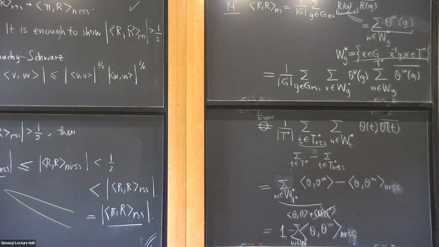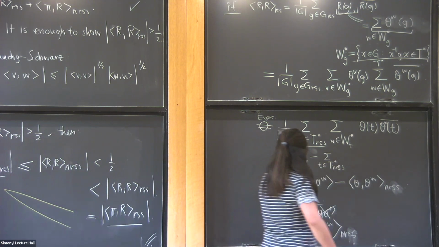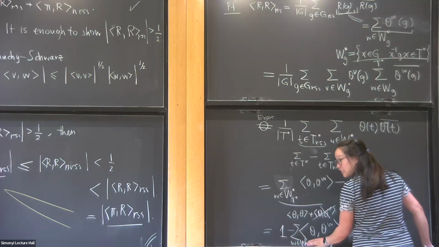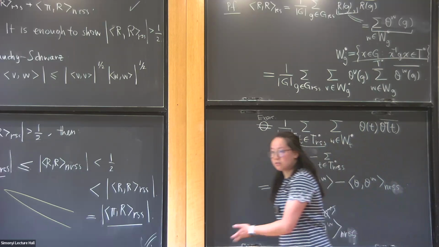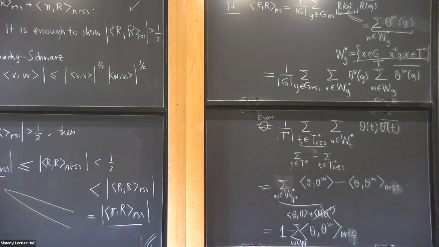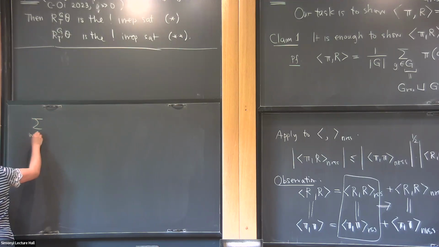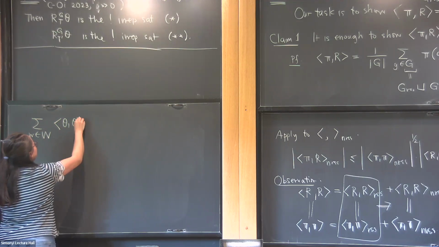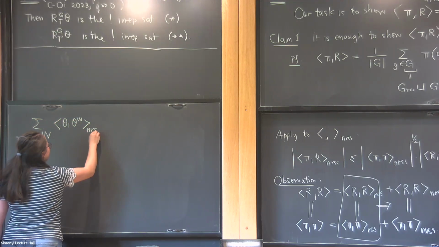And how do I want to bound it? Well, I want this 1 minus stuff to be big, right? So I want this stuff to be small. So let's try to make it small. And we know a way to make a sum over stuff small. And this is theta and theta W on the not regular semi-simple part.